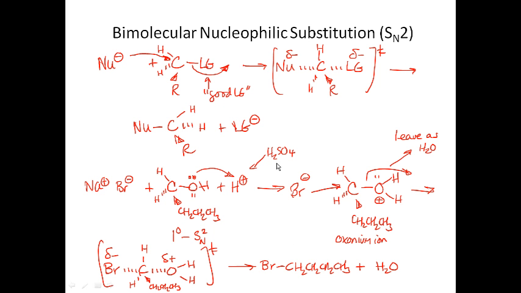Now, H2SO4, when it loses an H+, becomes HSO4 minus. Remember our sodium over here that was the counter ion to the bromide. The sodium then becomes the counter ion to the HSO4 minus, and so that gives us our overall balanced equation.